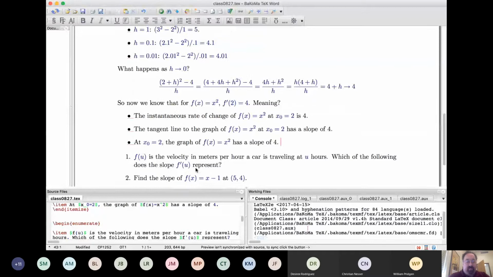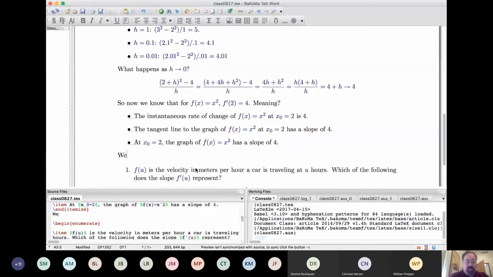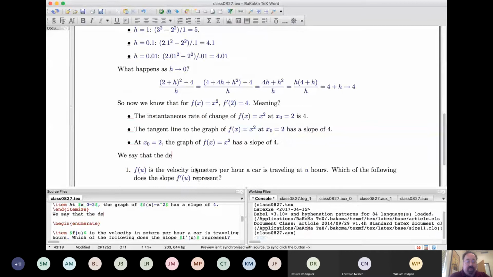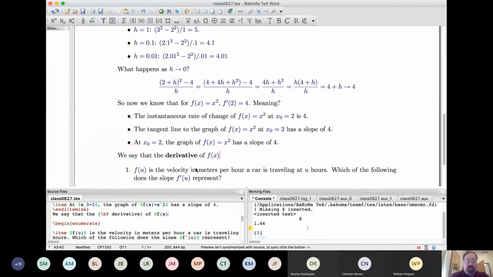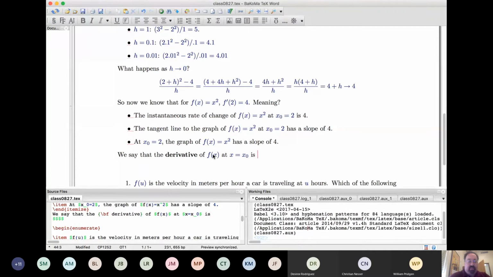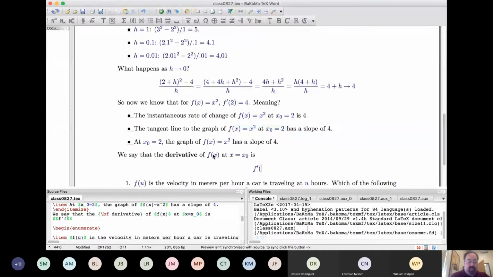So the instantaneous rate of change, we also know as the derivative. So the derivative of a given function at a given point is, so the formal definition, so it uses this notation, f prime, x naught.